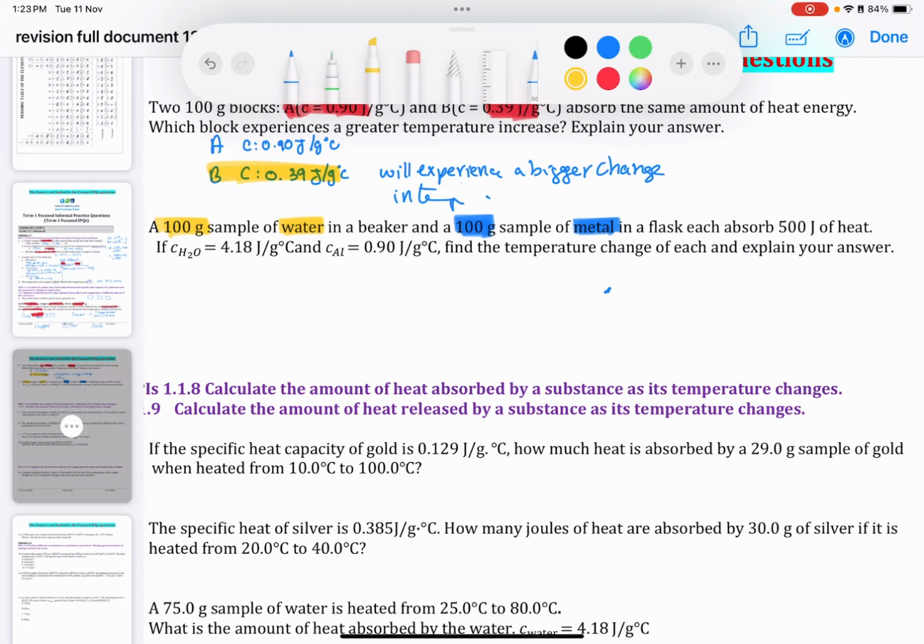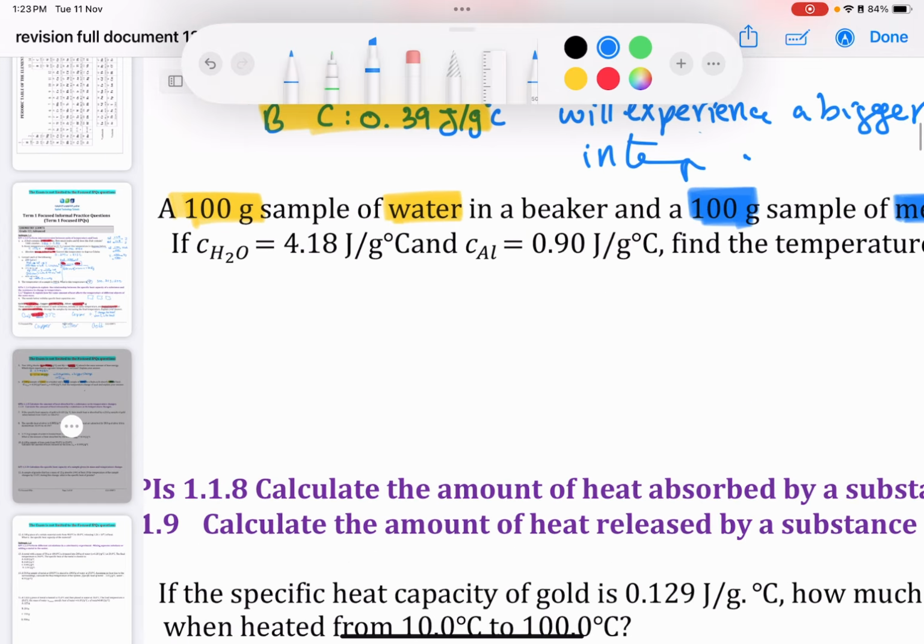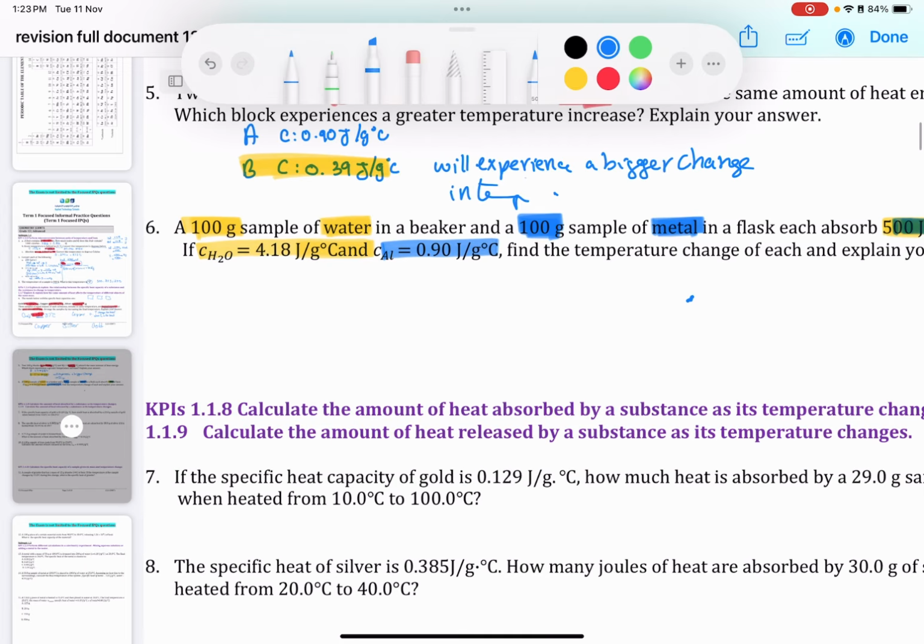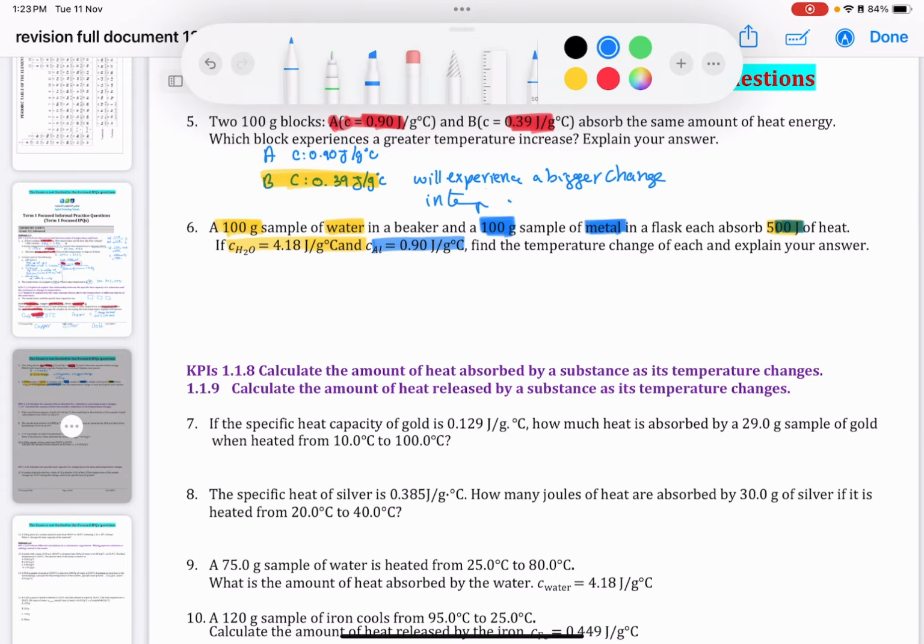So I'm going to highlight this in 2 colors because both of them absorb the same amount of heat. Now, the specific heat capacity of water is 4.18 and that of aluminium is 0.90 joule per gram Celsius. Find the temperature change of each and explain your answer.